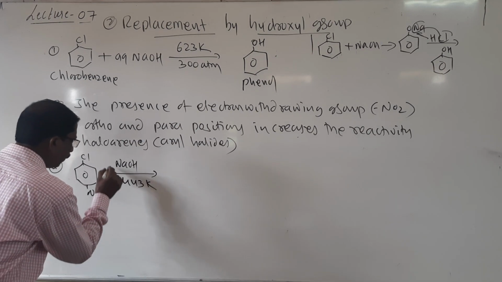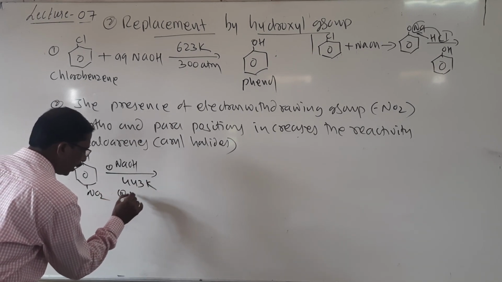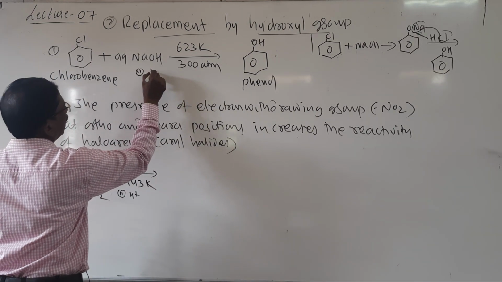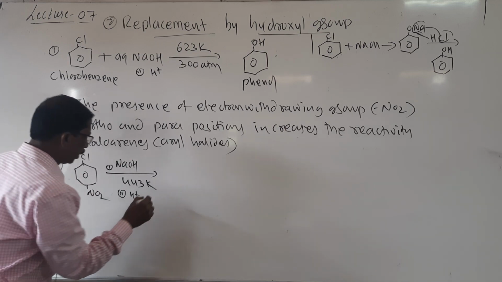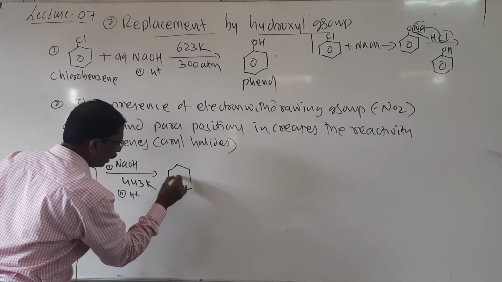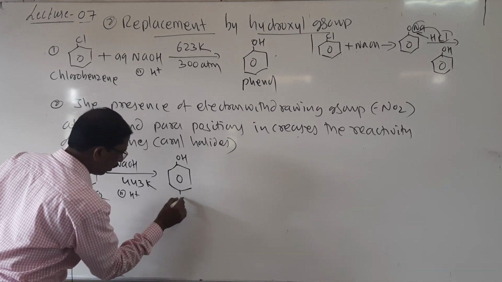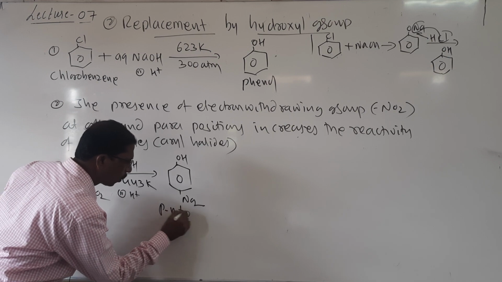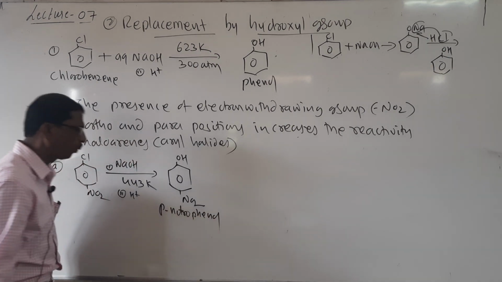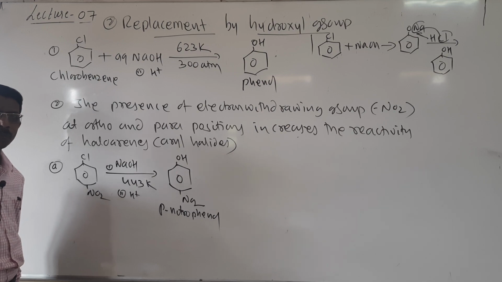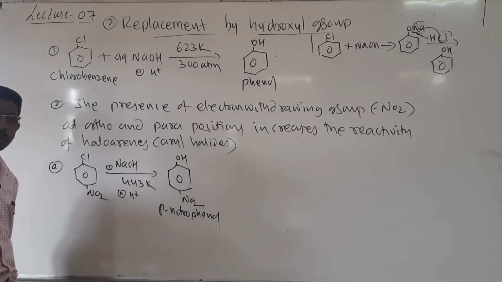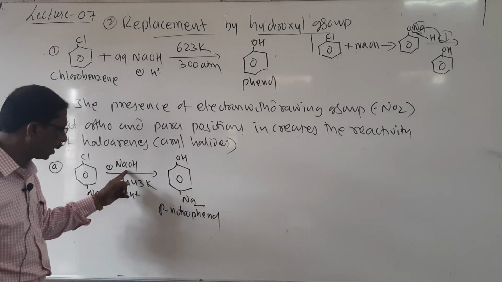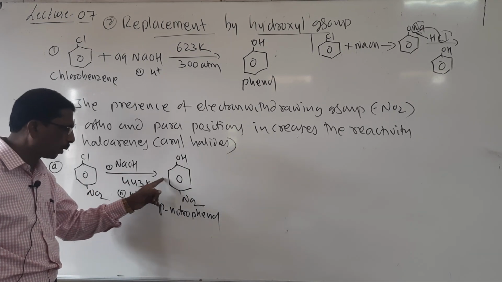Then on acidification with H plus, the halogen atom is replaced by OH and it forms para-nitrophenol. So 1-chloro-4-nitrobenzene, when treated with sodium hydroxide and acidified, gives para-nitrophenol.